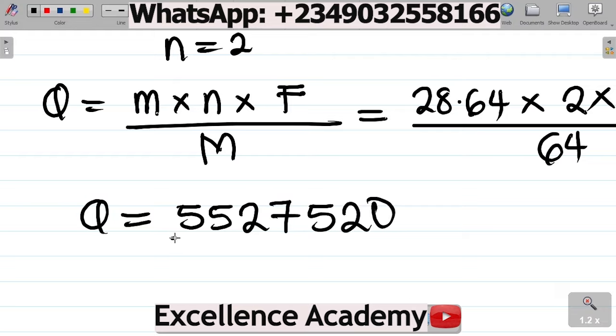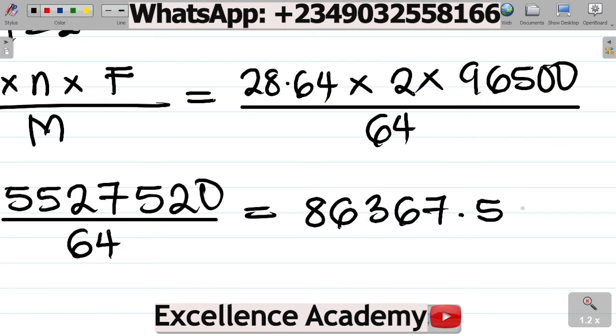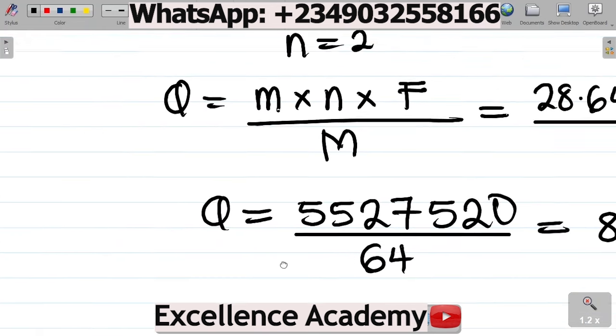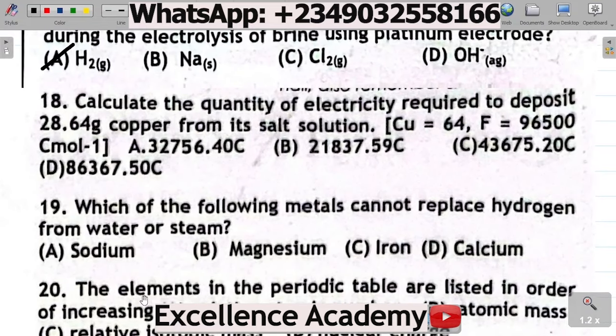This divided by 64, you have your answer as 86,367.5. This would be in coulombs. Let's see if you have this option there. Yes, that is option D, and that's your correct answer.